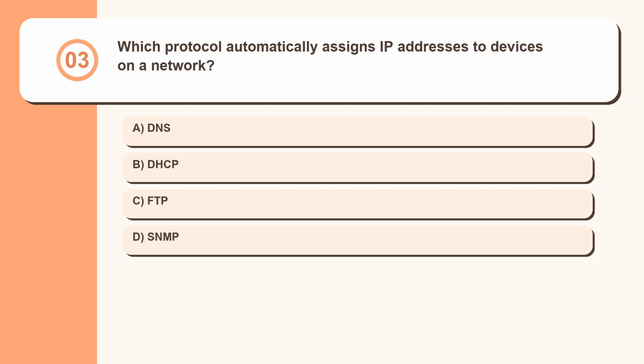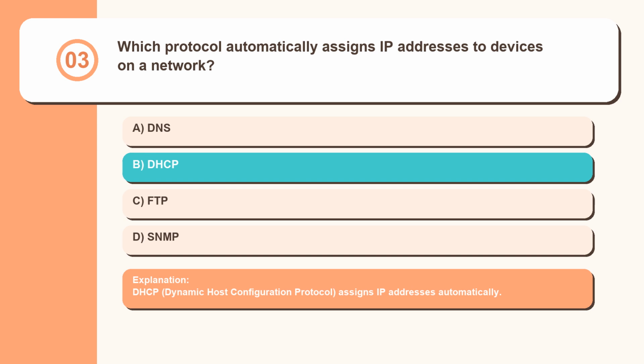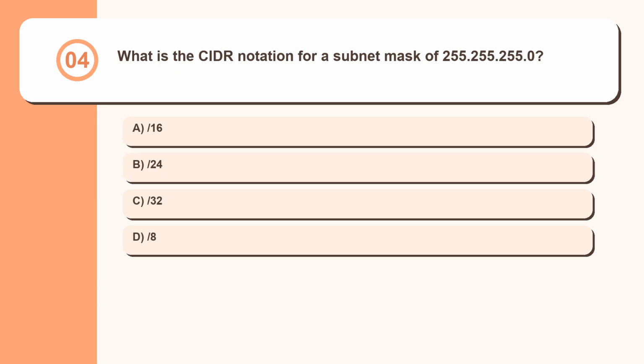Question 3. Which protocol automatically assigns IP addresses to devices on a network? DNS, DHCP, FTP, SNMP. DHCP, Dynamic Host Configuration Protocol, assigns IP addresses automatically. Question 4.